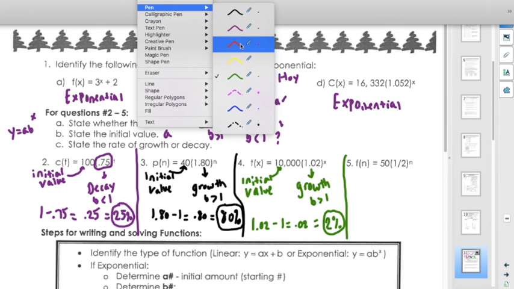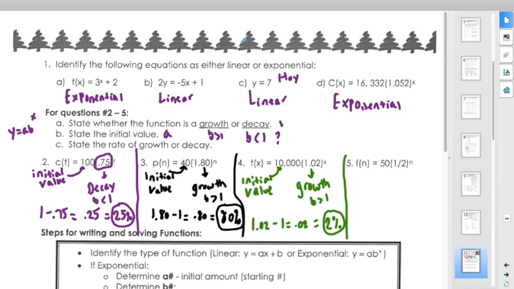And last but not least, number 5, here equals 50 times 1/2 to the n. Okay, well, 50 is the initial value. 1/2 to the n. Huh. Is that greater than 1 or less than 1?